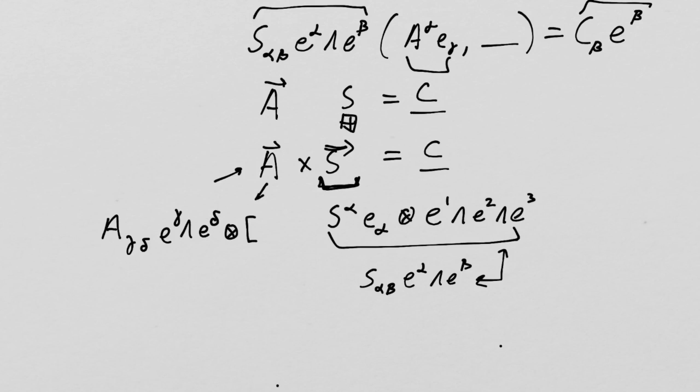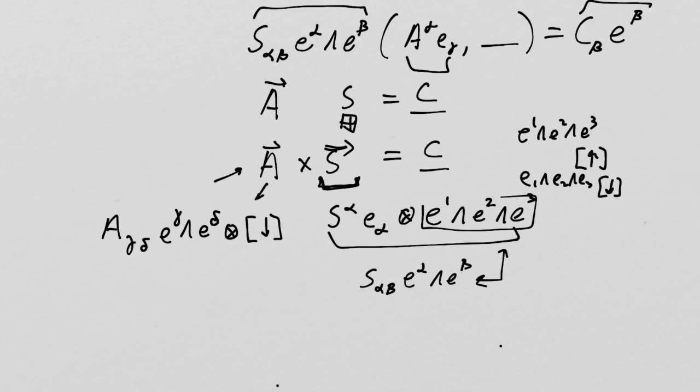Instead of writing E1 wedge E2 wedge E3, I'm going to write that as a little box with an up arrow, and then the capacitized form, E1 wedge E2 wedge E3, I'm going to write that with a little down arrow. Right? So this will be with a down arrow. And you know, I could replace this here with the up arrow.